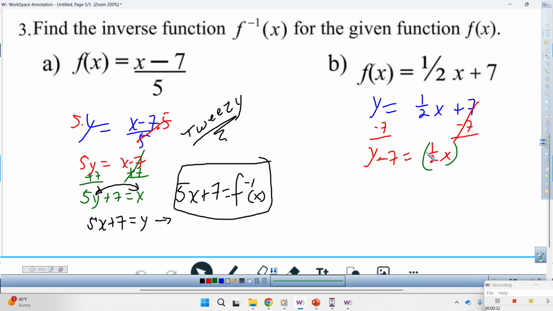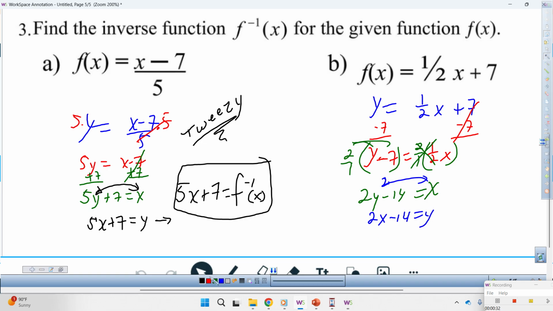We multiply times the reciprocal, 2 over 1. We're left with x equals, distribute, 2y minus 14. Swap the variables. We end up with 2x minus 14 equals y, and of course we need to write it in function notation. 2x minus 14 equals f inverse of x.